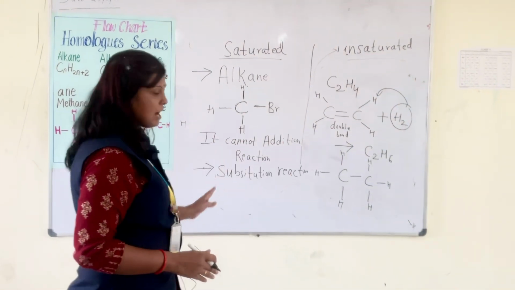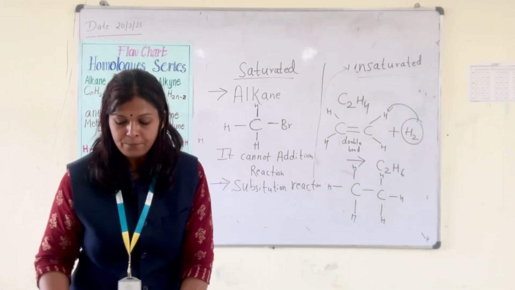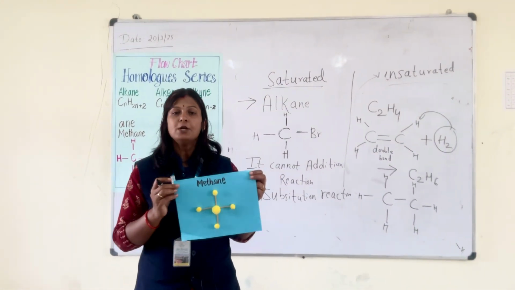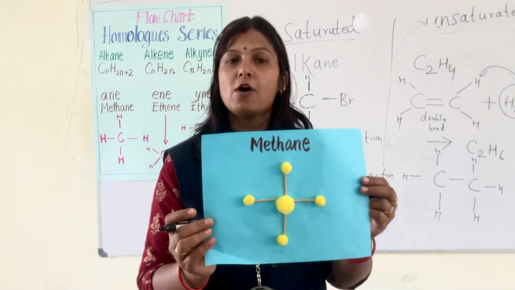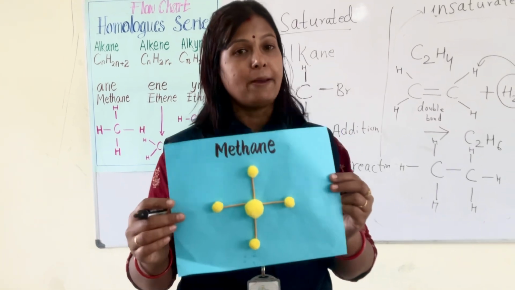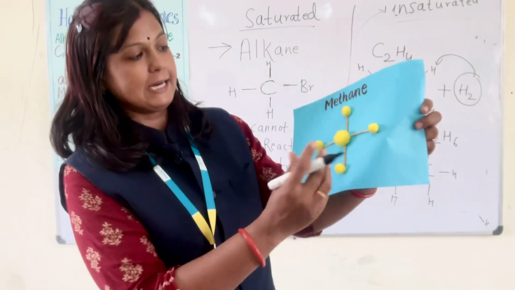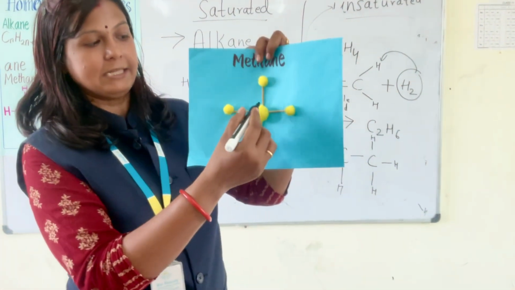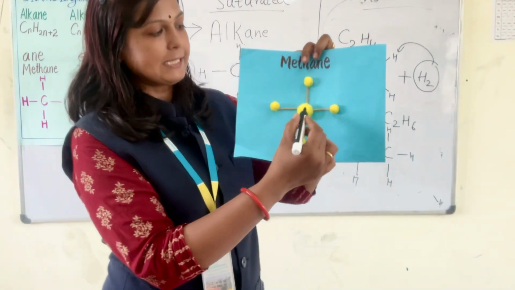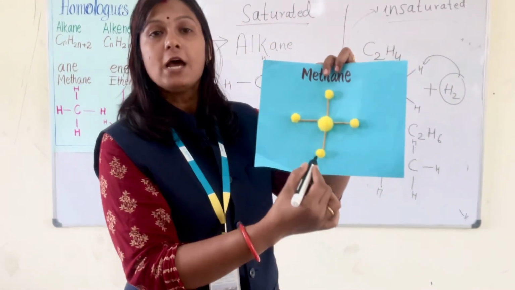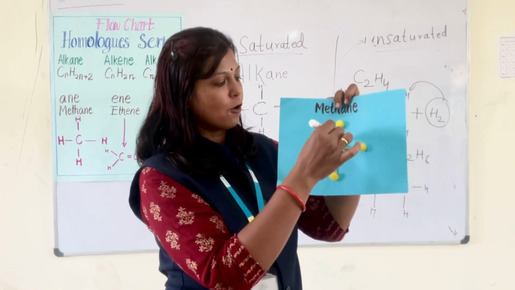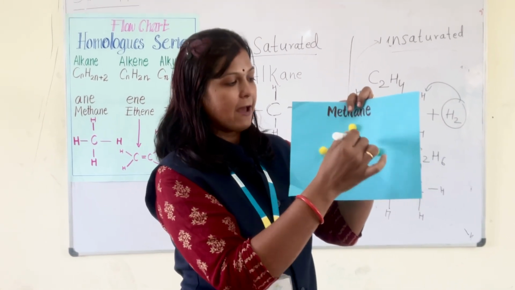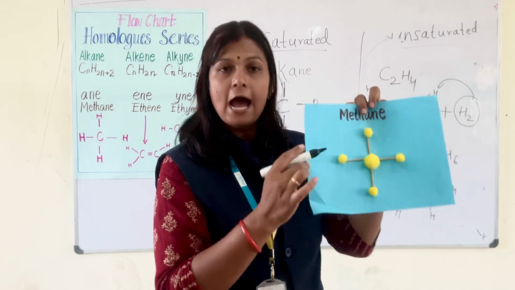Clear? No doubts? Now children, see here, you can make it in this form to understand how the bonds are formed. In this form you can prepare a chart to remember very easily. You can see here, this yellow color is carbon. This carbon is bonded with 4 hydrogen and each carbon contains 4 electrons and they are covalently bonded with hydrogen.